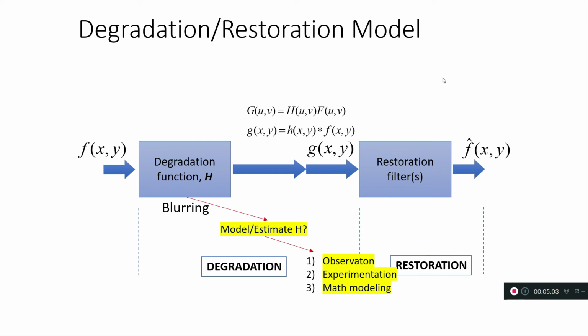Once you know your H, you can apply the inverse filtering by just dividing your G by your H, and then you get your estimate F. Not just that, inverse filtering also can be used for the third case, when your image is affected with both additive noise and a blurring function that degraded your image.